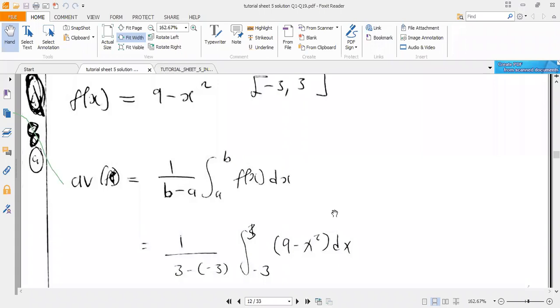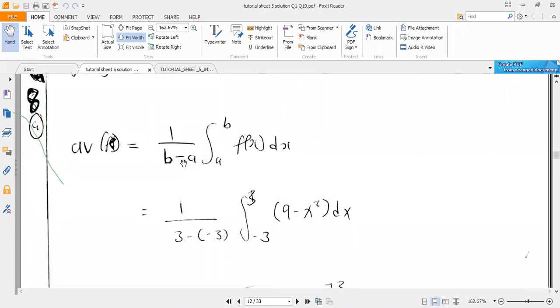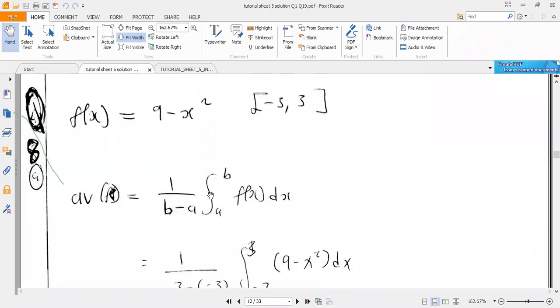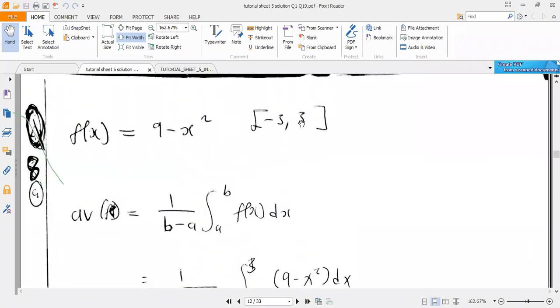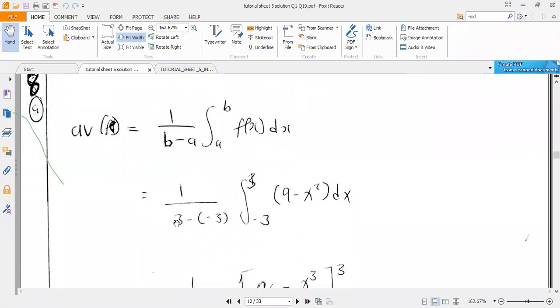Then we know that our b is always the bigger number. So in the interval, 3 is always our b, then our a is -3. We plug in b is 3 minus a is -3, so this will give us 1 over 6.